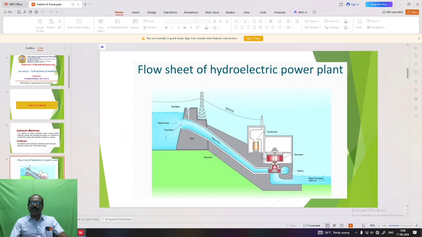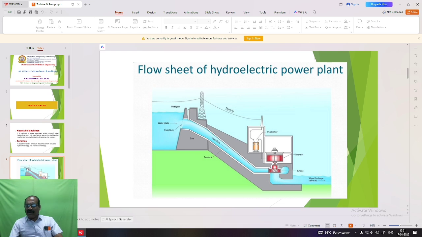First of all, turbines. A turbine is a machine which converts hydraulic energy into mechanical energy, and is used in a hydroelectric power plant to utilize the hydraulic energy generated from a dam. The dam water is made to flow through a pipe called a penstock pipe, and at the end of the penstock pipe there will be a nozzle, and that nozzle converts all the pressure energy into kinetic energy.